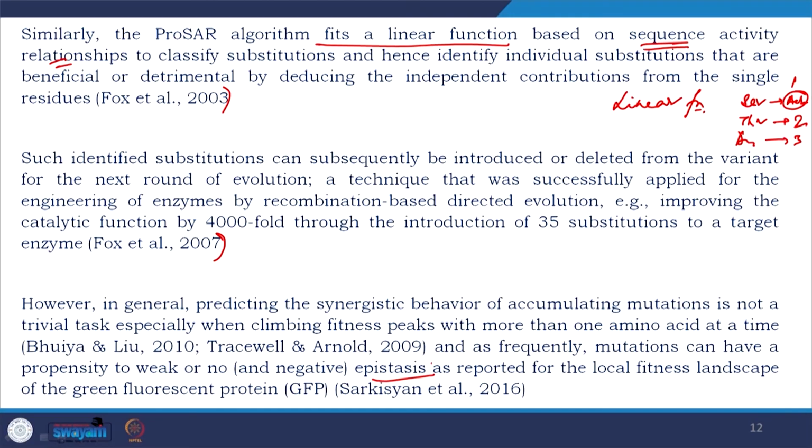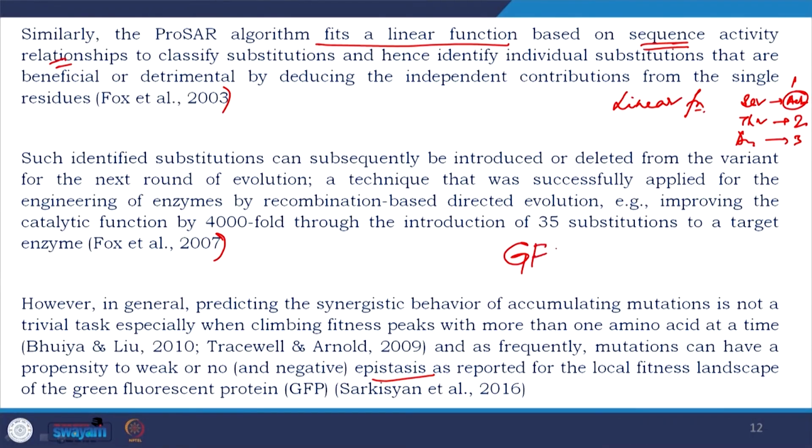So, I have already talked about this, so I am not introducing it here, because the lectures are getting long, but if you remember, I talked about the green fluorescence protein or GFP, which is a 200 plus amino acid protein.